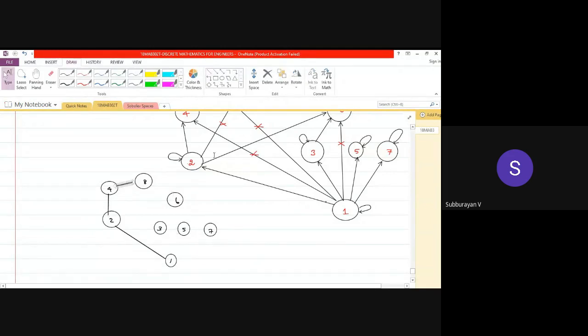And from 2 to 6 there is an edge, so you have to draw this, and from 1 to 3 there is an edge, and from here there is another edge. Then these two edges, then another edge from 1 to 7.